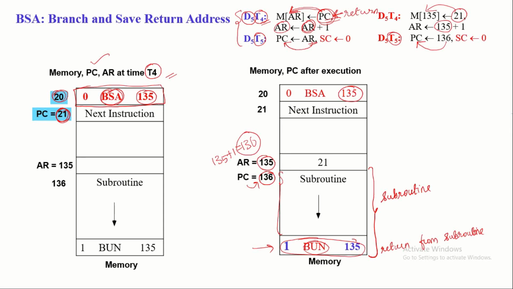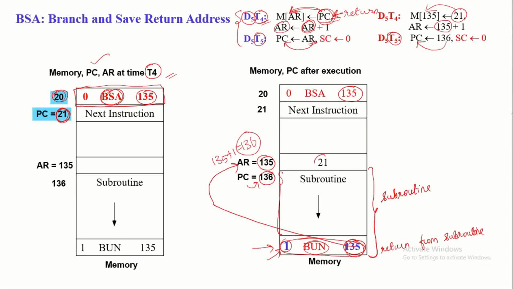In this, the address part 135 is there, and this address is an indirect address because the mode bit value is equal to 1. So to return back to the main program, the address of the instruction from where it has to resume is required, right? That address can be found if the control unit goes to this indirect address 135.